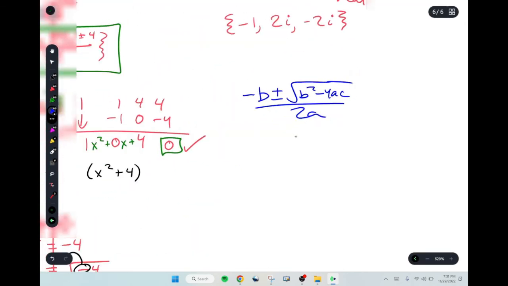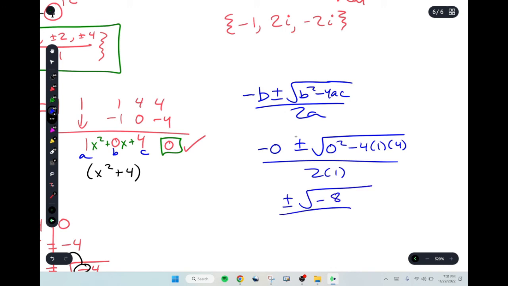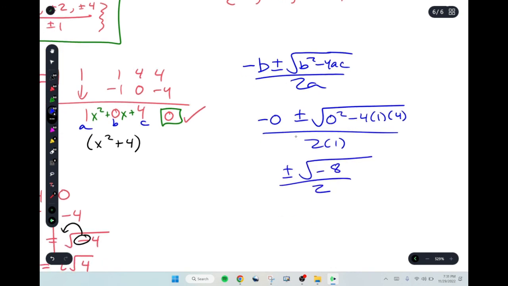But if you did need it, you could go straight up to here and go, okay, what was b? B was 0, so negative 0, because that's your b right there. This is a, b, c. Plus or minus the square root of 0 squared minus 4 times 1 times regular 4, all over 2 times 1, which would be plus or minus root -16 over 2, wait, that's 16.